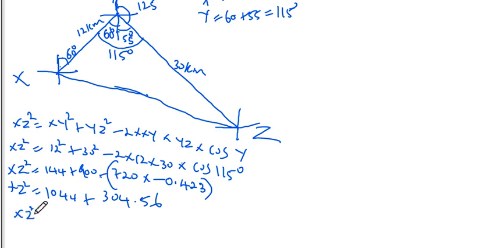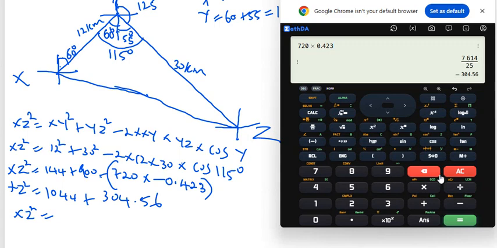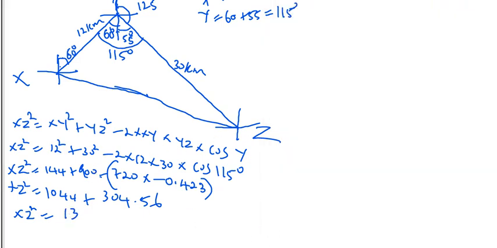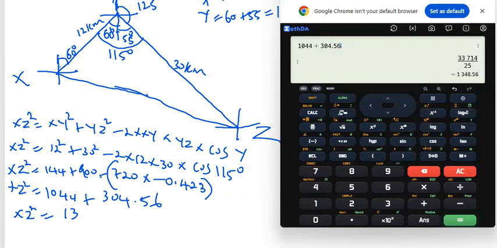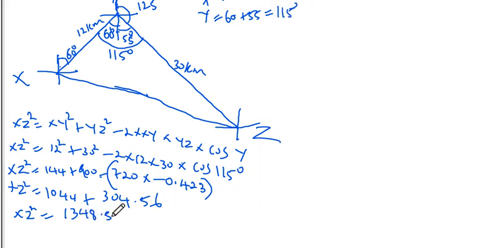So XZ squared is equal to 1044 plus 304.56, that gives us 1348.56.